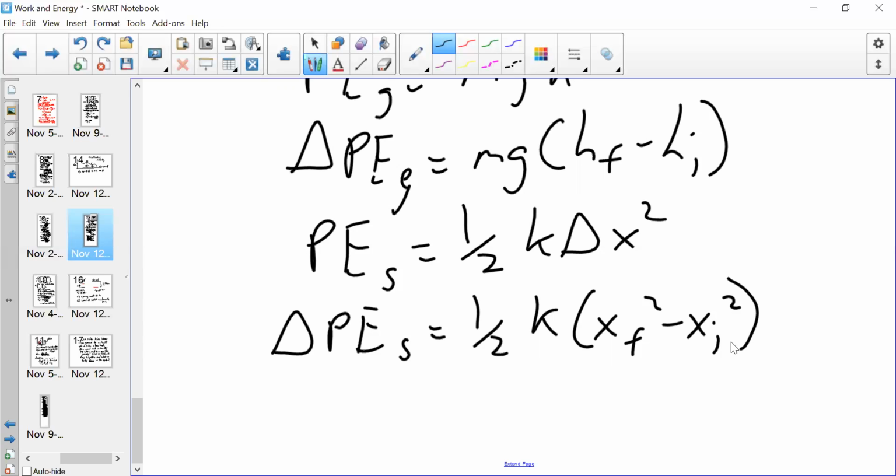Let me go to 183. What they're trying to illustrate there is that you're going to get the same amount of potential energy no matter what you designate as final and initial. Specifically 183, you're looking at the bottom part.